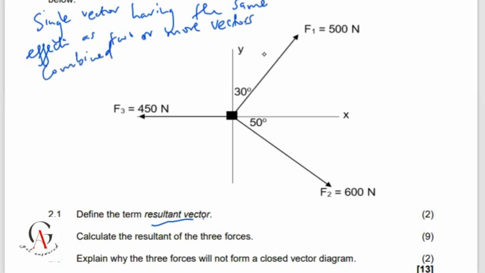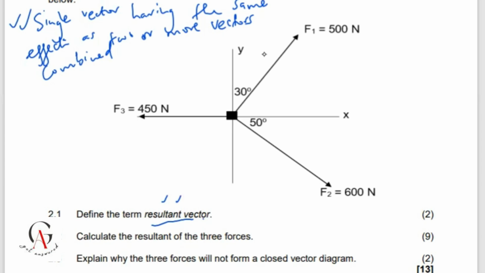So it's one vector summing up all the others. In other words, it is the sum of 2 or more vectors. So that is the resultant vector.